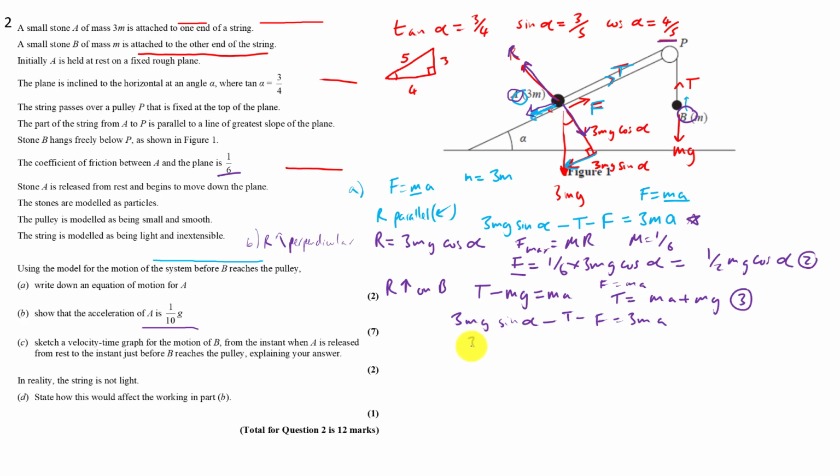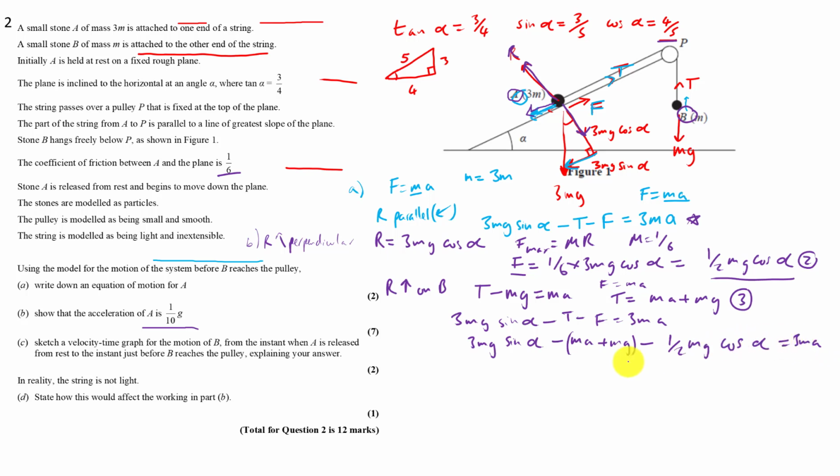We're going to get 3mg sine alpha minus ma plus mg. When we take the bracket out, that's all going to become minus, and we're going to get minus this half mg cos alpha here, and that's going to equal 3ma.